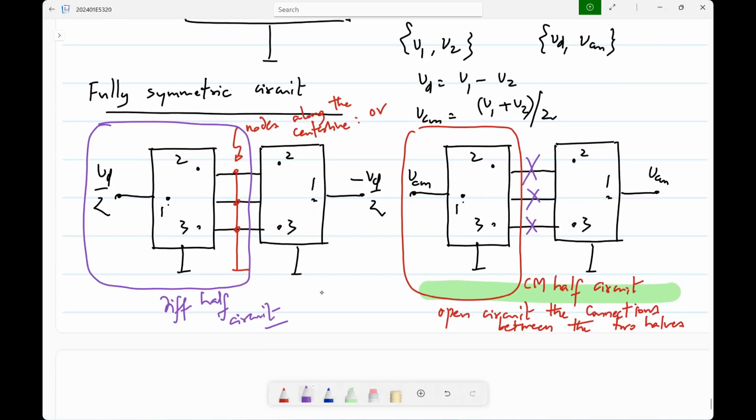Any questions? So hopefully you are able to do the assignment, because the assignment is basically this, that's all. You don't have to worry about what circuit it is, you just have to do the analysis.